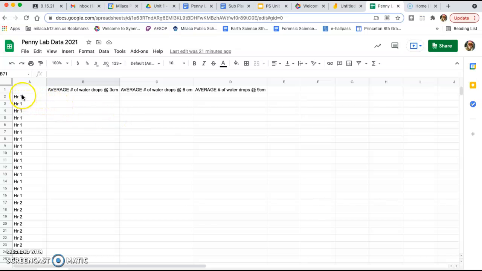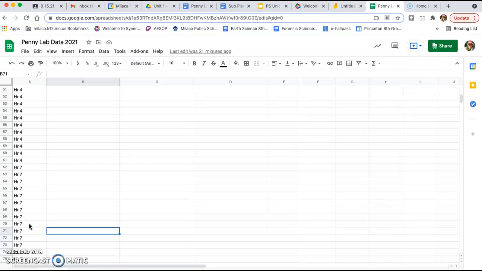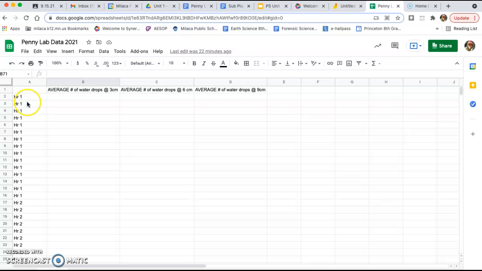And I have 15 rows for hour 1, hour 2, hour 3, hour 4, and hour 7. If we don't use all of them, that's fine, but that's the maximum amount of groups we would have in each class. It doesn't matter what group you are as long as you're using the same row across, okay?